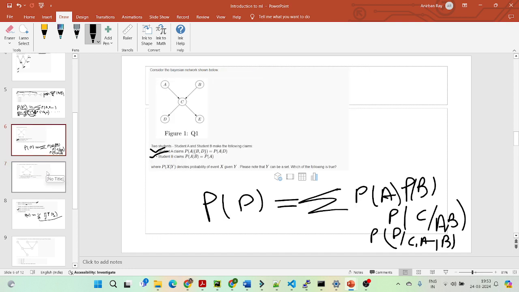So what does it mean? The undirected path from A to B via C. The undirected path is not the directed one.